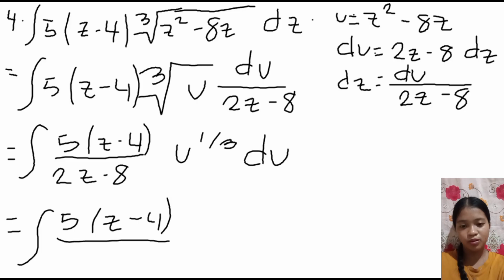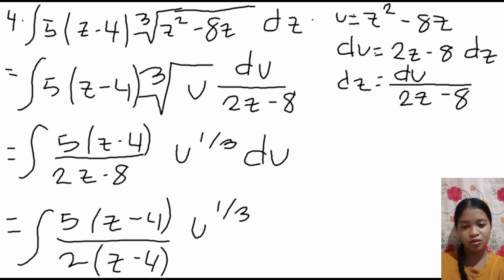Now we're left with du, so now we're going to find the factor of 2x minus 8, so we can cancel it out together with the numerator. So the factor of 2x minus 8 is 2 quantity of x minus 4.